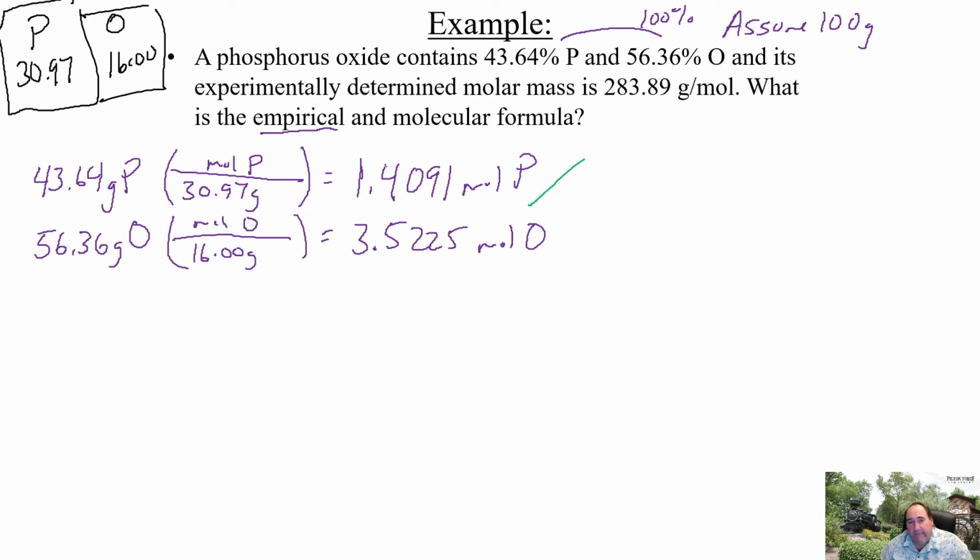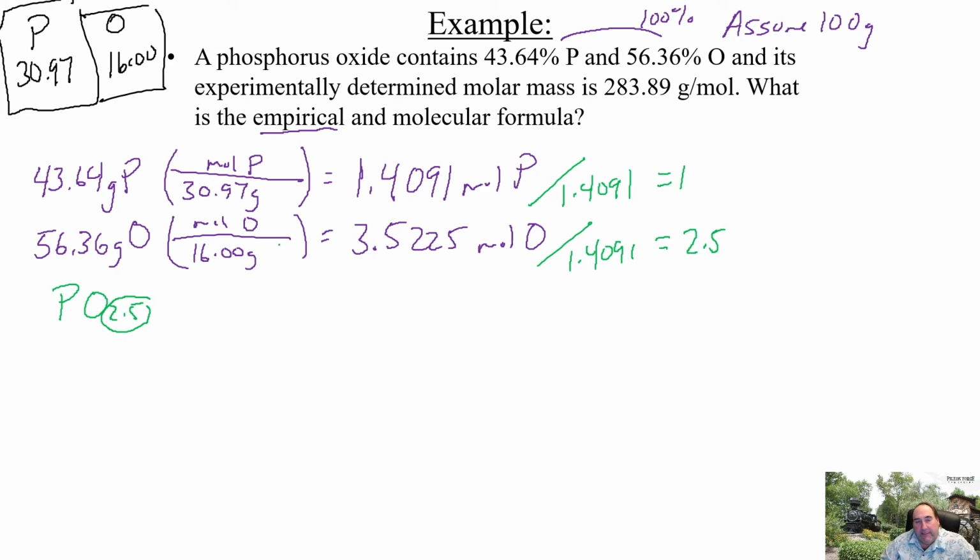In this case, it does look like phosphorus at 1.4091. We're going to do a little dividing, which gives us a 1 there. For our second one, it will give us 2.4998, so about 2.5. That gives us a formula of PO2.5.